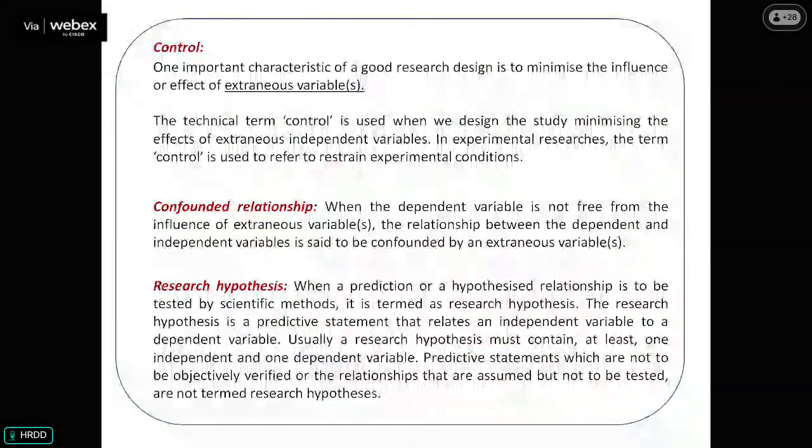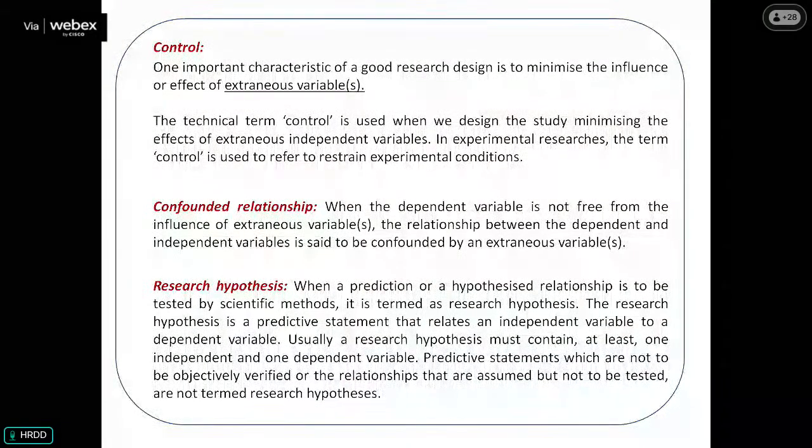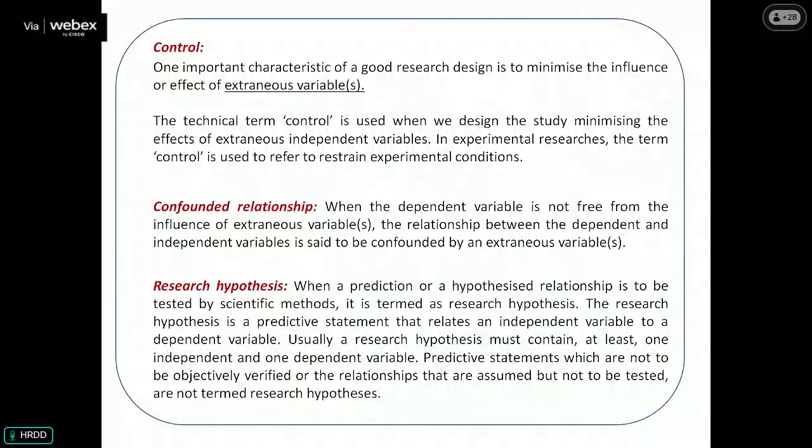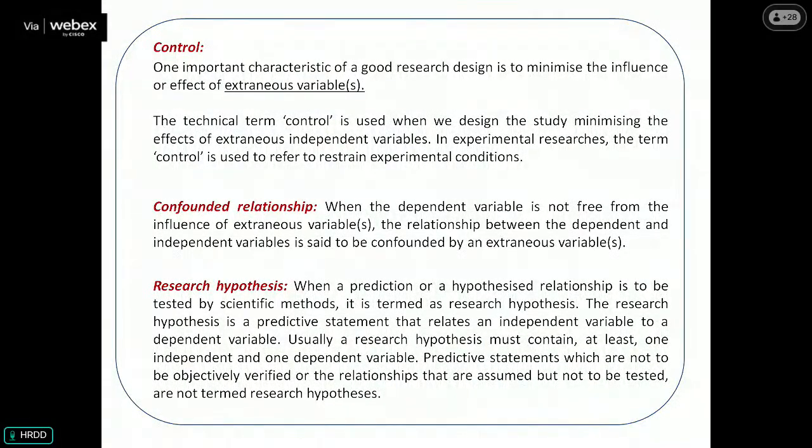One important characteristic of a good research design is to minimize the influence or effect of extraneous variables. So I told you, you have to minimize the effect. So the technical term, these are all terms. The term control is used when we design the study minimizing the effect of extraneous independent variables. The term control refers to restraint of experimental conditions.